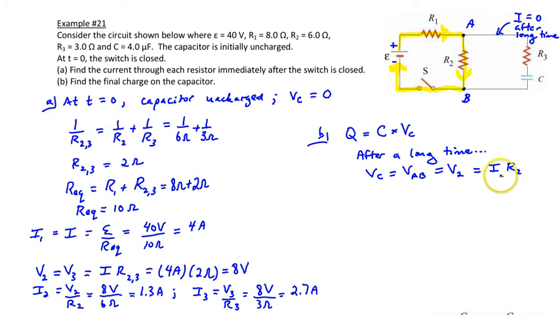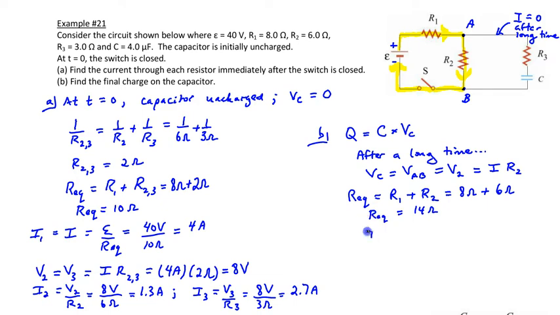Current after a long time will change because now the circuit will slowly change into really having just two resistors in series, because resistor 3 has no current through it and no voltage across it. So the equivalent resistance now after a long time will be just the sum of R1 plus R2, which gives you an equivalent resistance of 14 ohms.